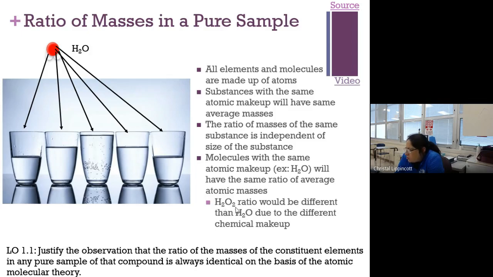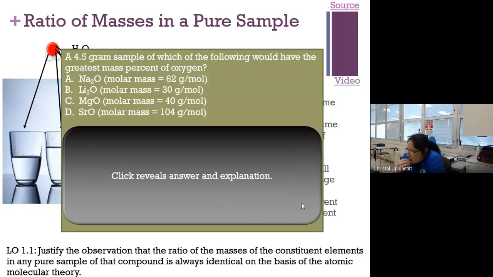For example, the H2O2 ratio would be different than H2O due to that different chemical makeup. So here's your first question. Once you have your answer, put your answer out and let's talk about it.